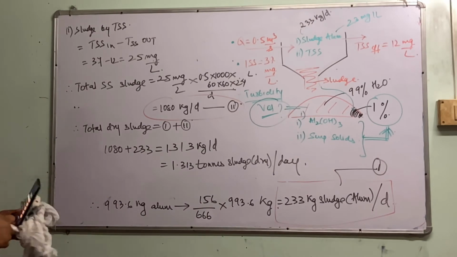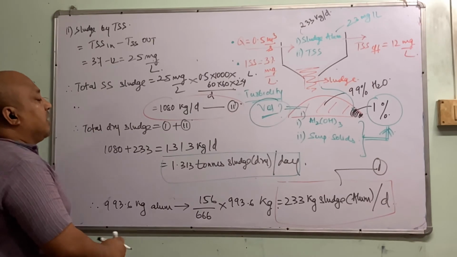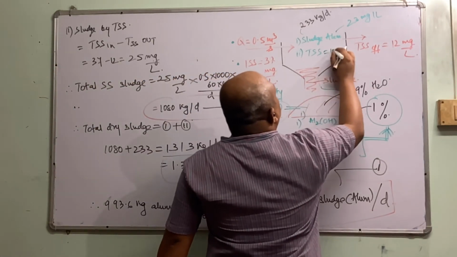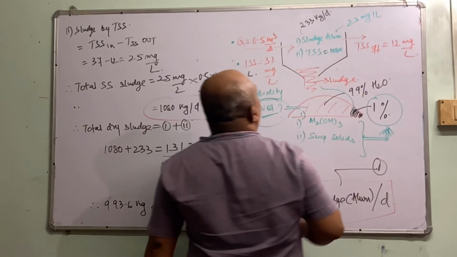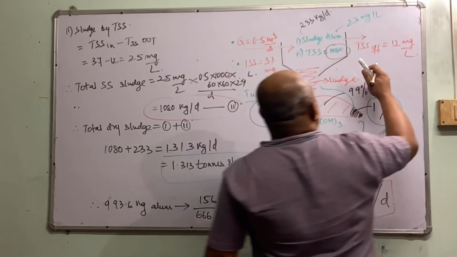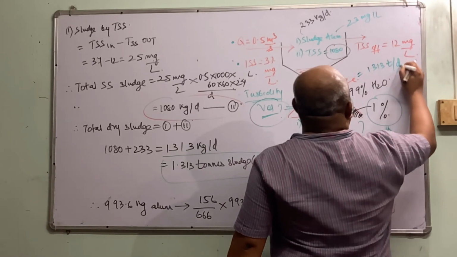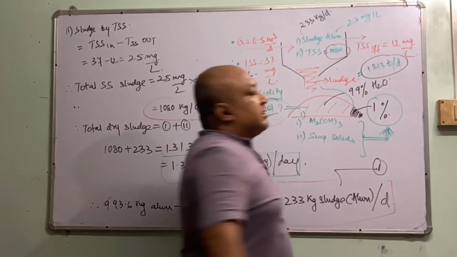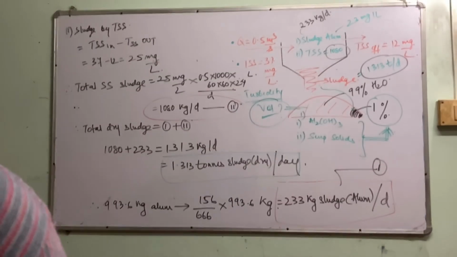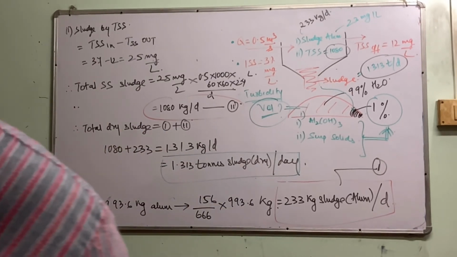So this is the total sludge that is produced. Is that okay? Are the points clear? Copy it down.